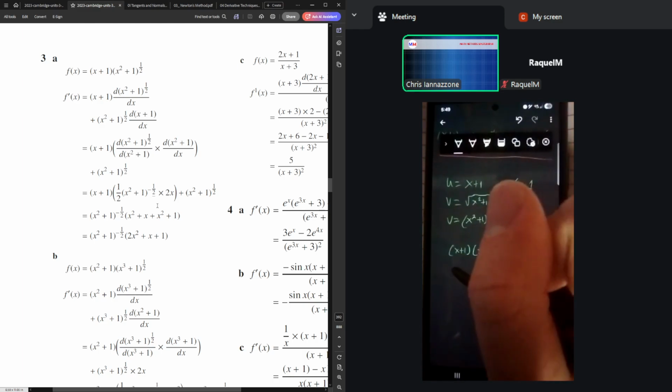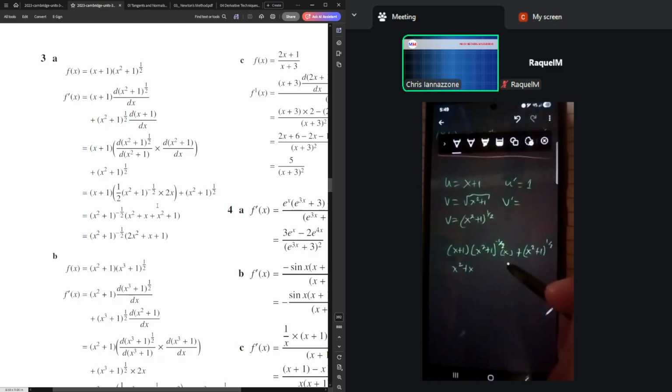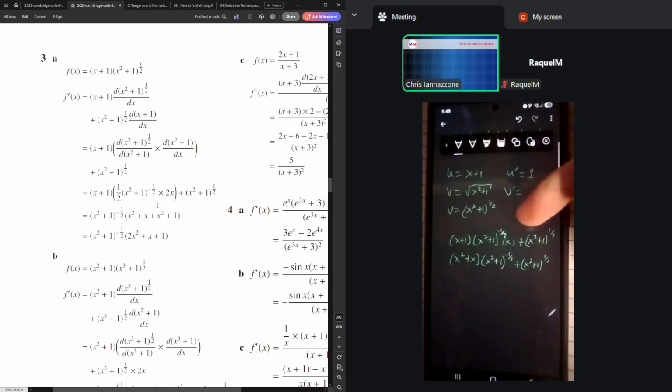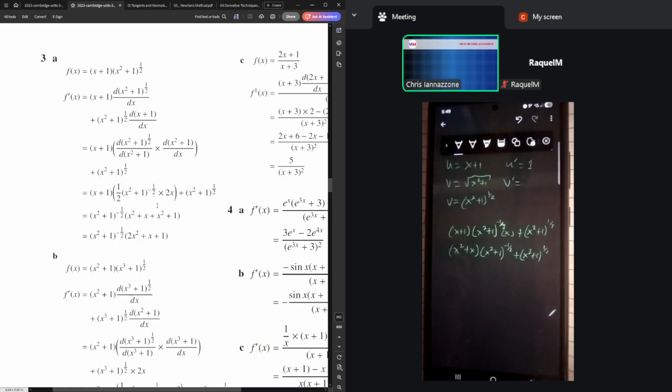So it's going to give us x squared plus x. Then we have our x squared plus 1 to the minus half. And then plus again x squared plus 1, power of positive half. Cool. Now, from here, expanding things out further is just going to make it probably more complicated than anything else. So that's why they probably elected for a fully factorized approach instead.